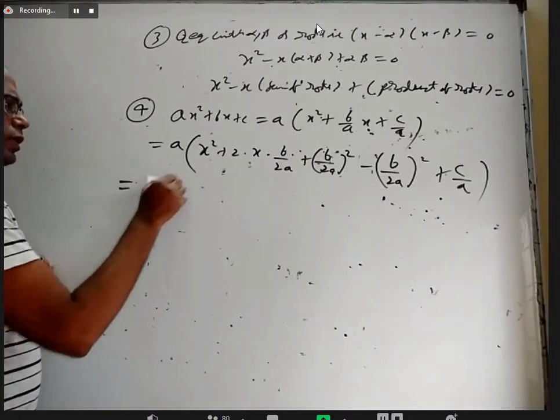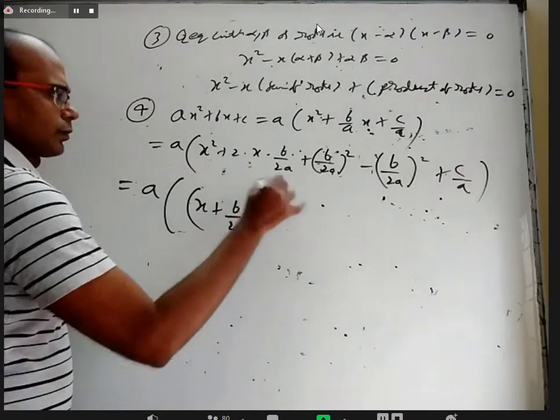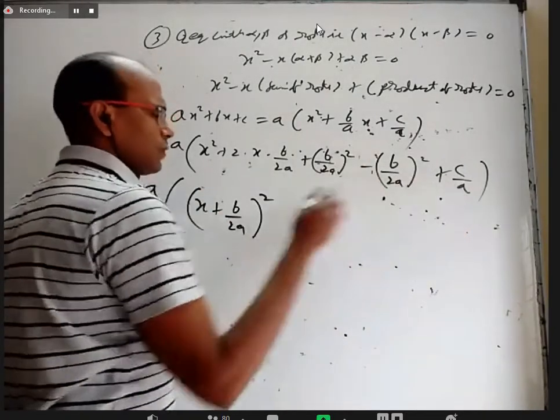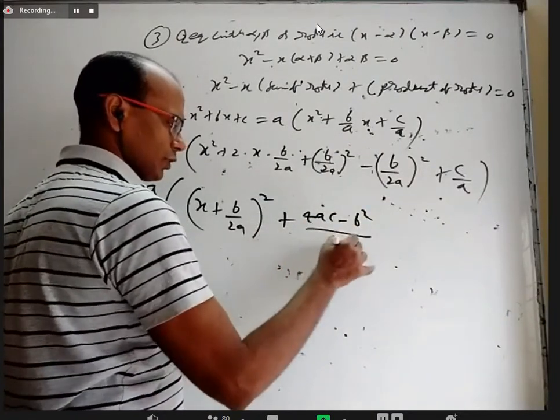That is a into x plus b by 2a whole square. This and this, if I combine, I'll get 4ac minus b square by 4a.